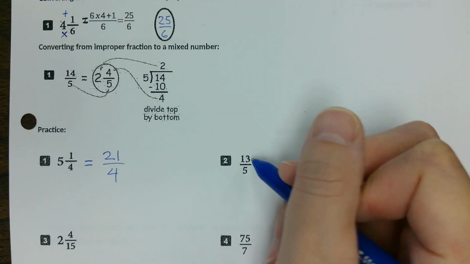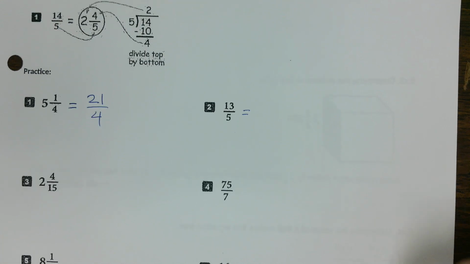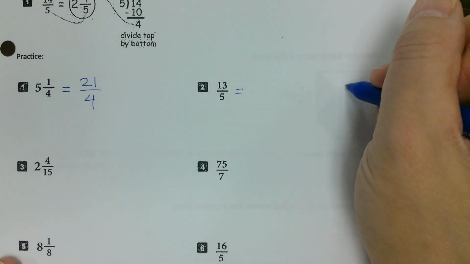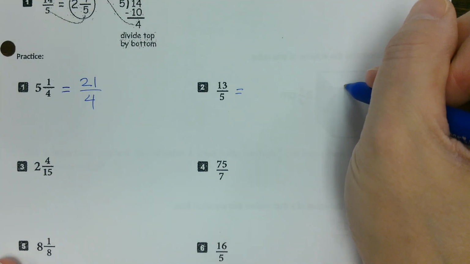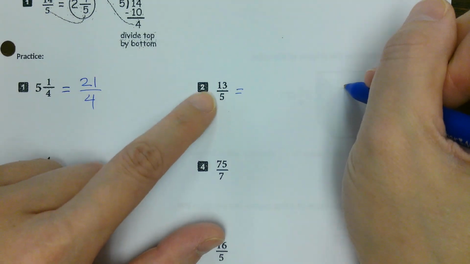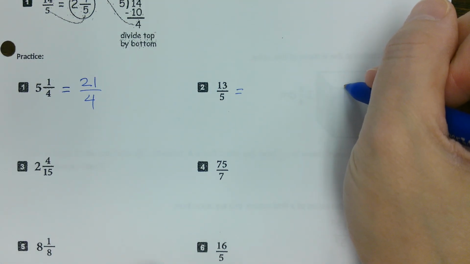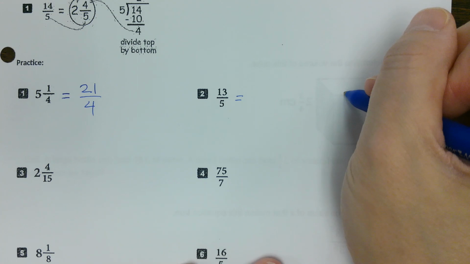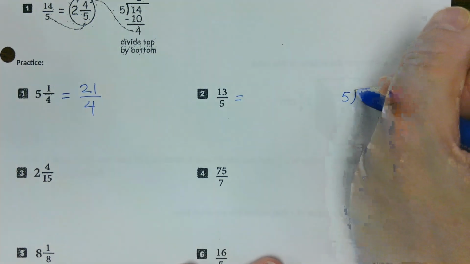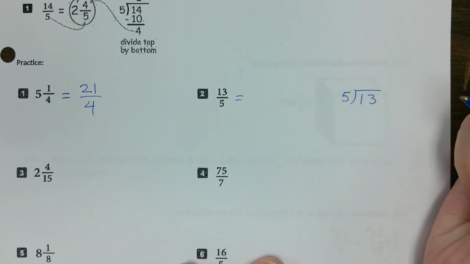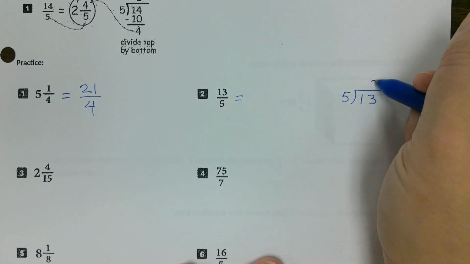To change this to a mixed number, I have to do long division. What number goes on the outside? The 5 or the 13? The 5. Yep, so 5 and then 13. How many times does 5 go into 13? 2 times.